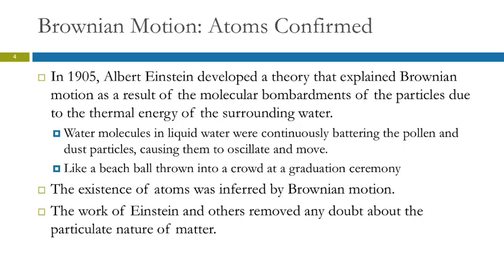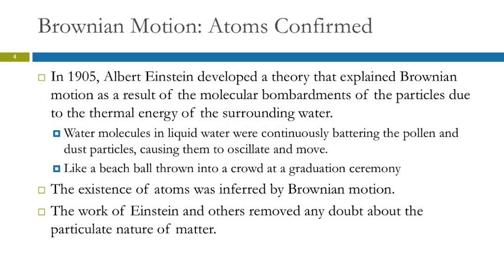In 1905, this is a while later, Albert Einstein developed a theory about this. That motion was called Brownian motion because Robert Brown was the one who discovered it. He explained that this Brownian motion seen in these tiny particles is a result of water molecules banging into them. They're suspended in the water.